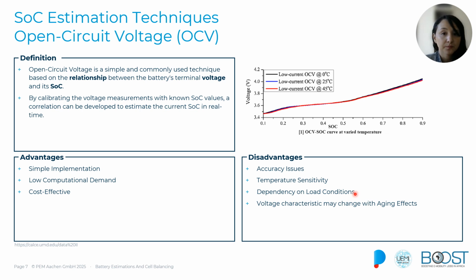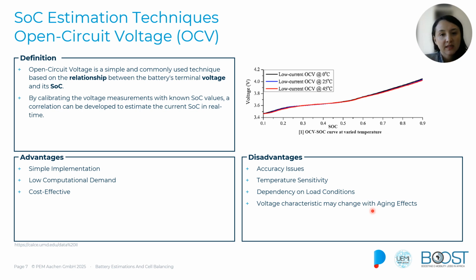So in some applications that have very dynamic behaviors, like the electric vehicles, there is usually going to be a load on the battery, so this estimation is not practical. And finally, as we know, as the battery ages, its voltage profile will change, and this will also reduce the general effectiveness of these methods.